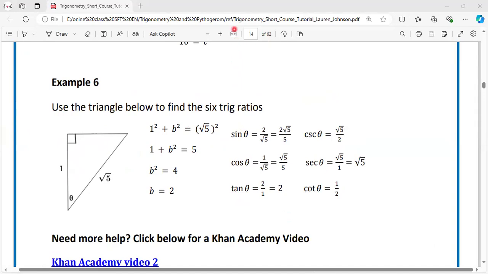Now the applications of trigonometry. We have learned about the main three functions, right? So one application is to find a missing side length given an angle measure.